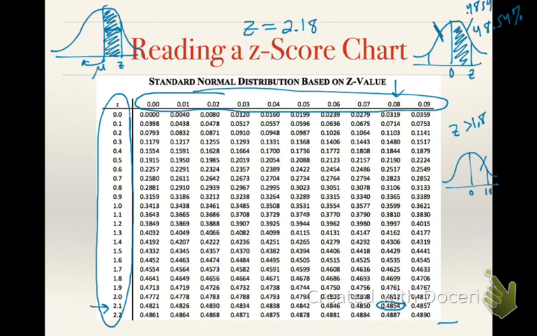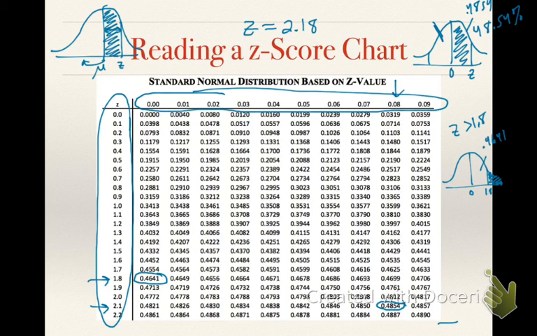So looking at 1.80 here on the chart, 0.4641. But what I want is this right here. This is the part that's greater than 1.8.